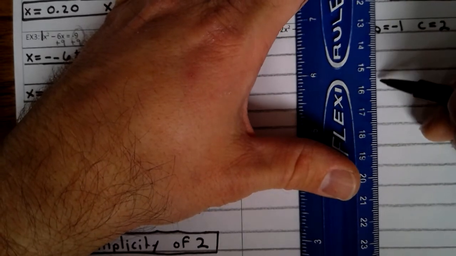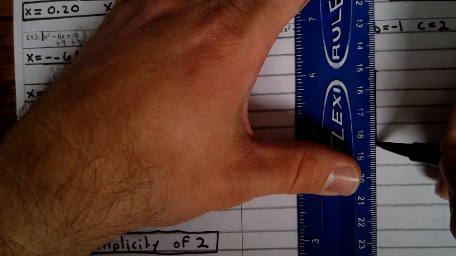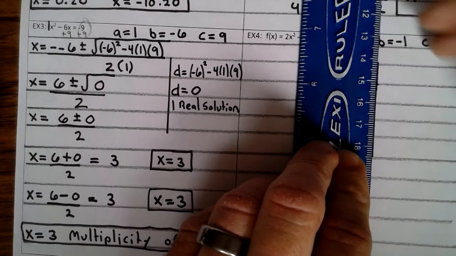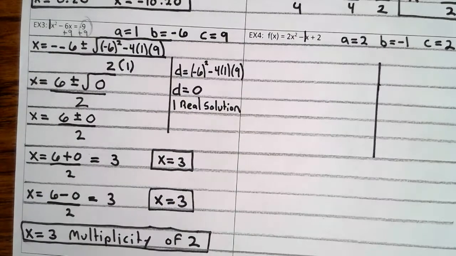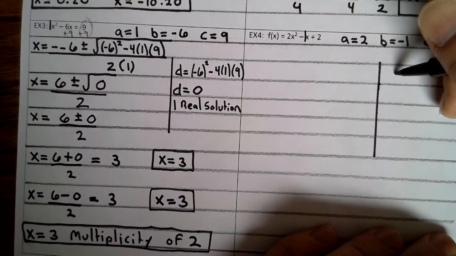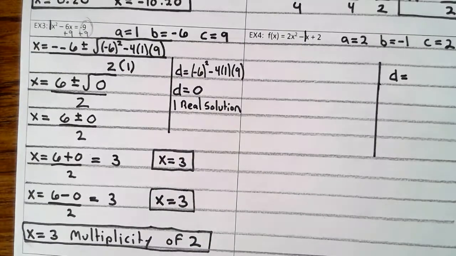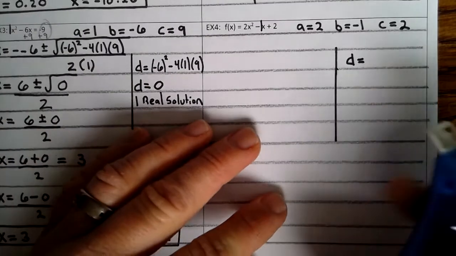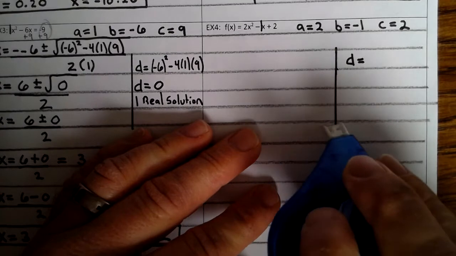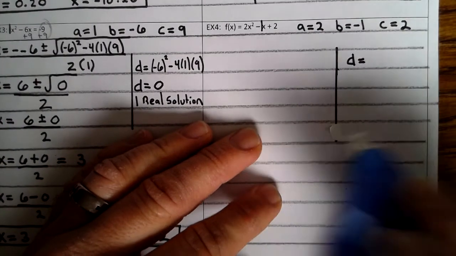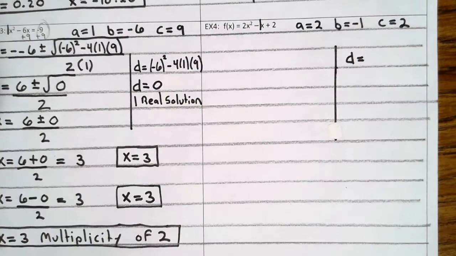So d equals, so I think I drew this black line a little too far down. All right. So d equals negative 1 squared. And remember, whenever you're squaring a negative number, you have to put it in parentheses in your calculator.